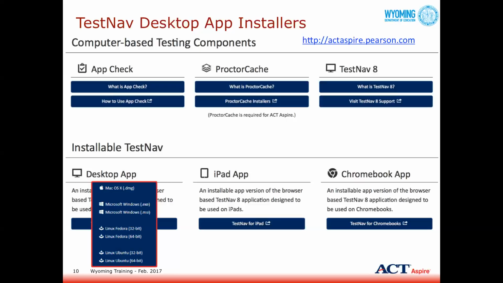And there also are Linux, Fedora, and Ubuntu 32 and 64-bit installations, which are not very prevalent, but they're available as well. We also have the iPad app that you can download, as well as the Chromebook app, all listed on that particular page.